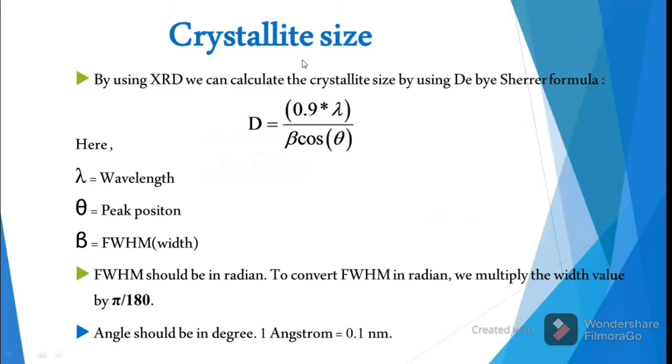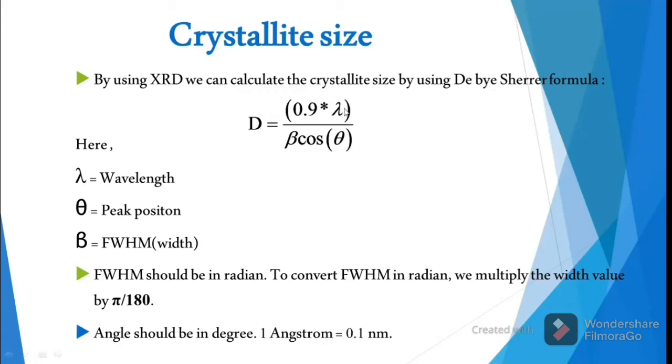First of all, the crystallite size. By using XRD, we can calculate the crystallite size by using the Debye-Scherrer formula, usually indicated with dP, and we can also say d is equal to 0.9 into lambda divided by beta cos theta.